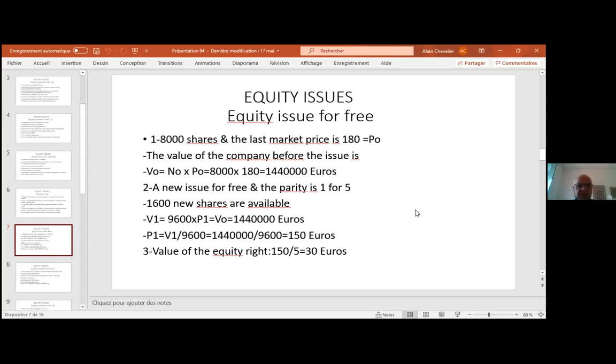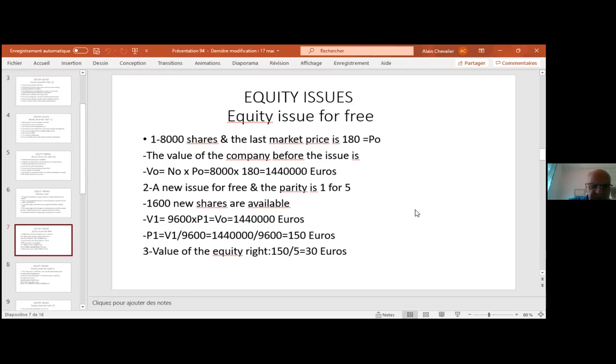So the value of the company is easy to calculate before the issue. We are trying to calculate not a book value, but a market value. Market value is, of course, the last market price, which is called P0 here, multiplied by the number of shares N0.